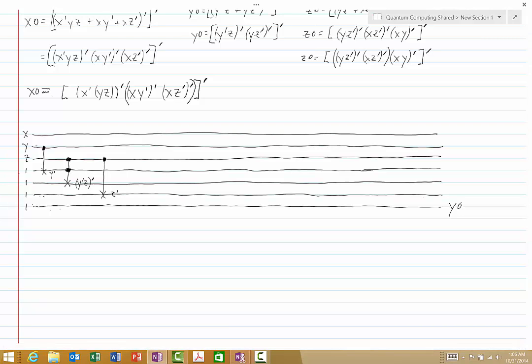And that is indeed one route that we could take, but then that would put that z prime y NANDed together on our last line, and the last line is the one that right now we're trying to reserve for y0.